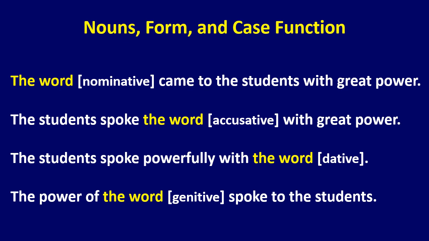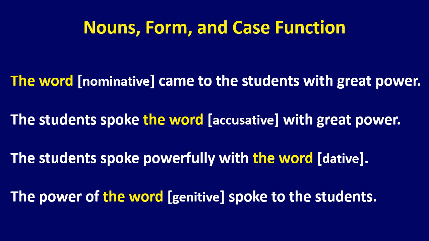Now, going down to the second sentence, the student spoke the word with great power. Here you have the exact same word, same spelling in this instance in English, but here it's used in the accusative case and with the function of being the object of the verb. And that's what the accusative case does in Greek.